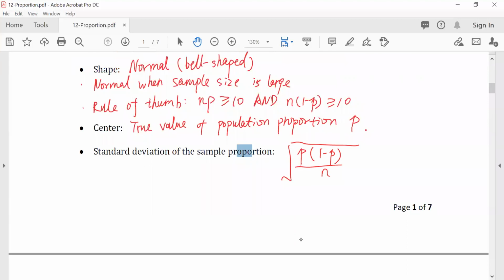If you want to find when this value will be largest, we want to find the value p which makes this p times 1 minus p largest.